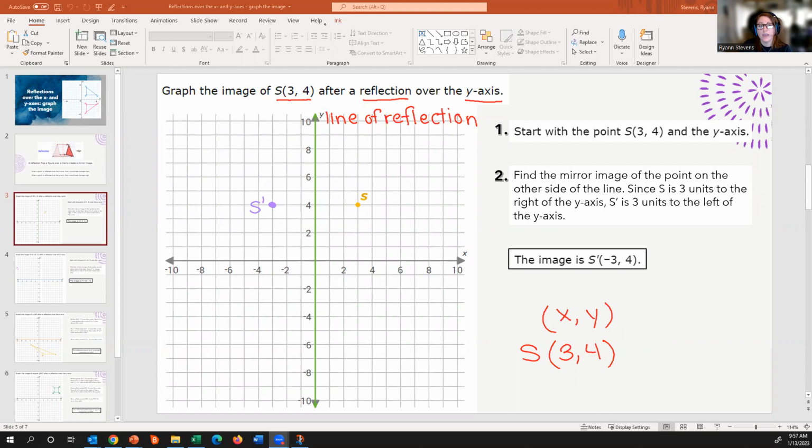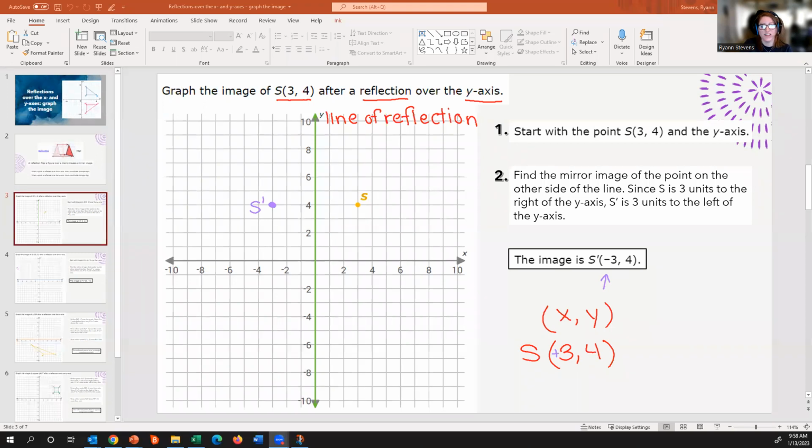Okay, so the image that we would get would be S at -3, 4. And again, this is where we would say that because the line of reflection is the y-axis, our X coordinate is going to change its sign. It's going to go from a +3 over to a -3.